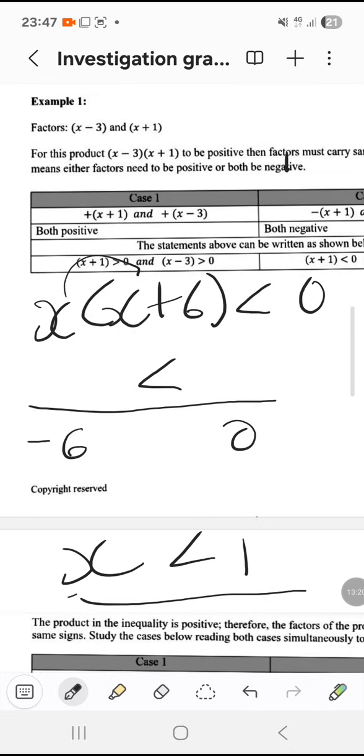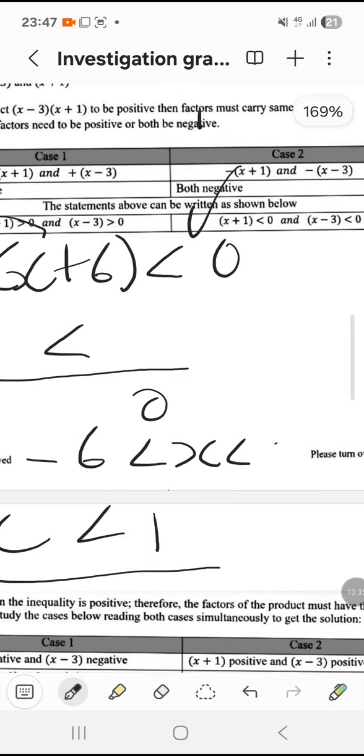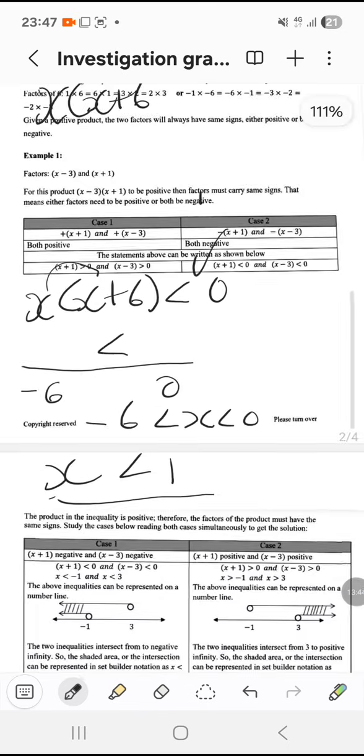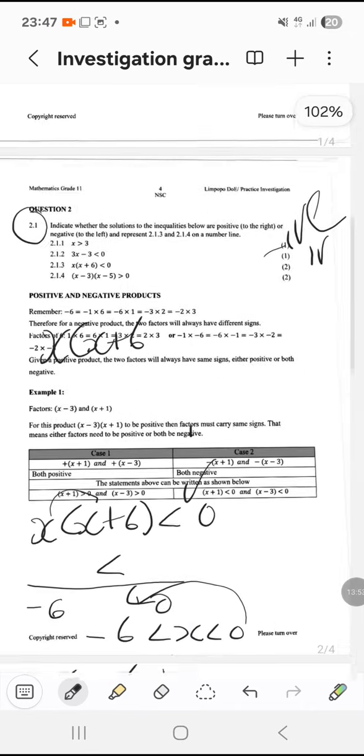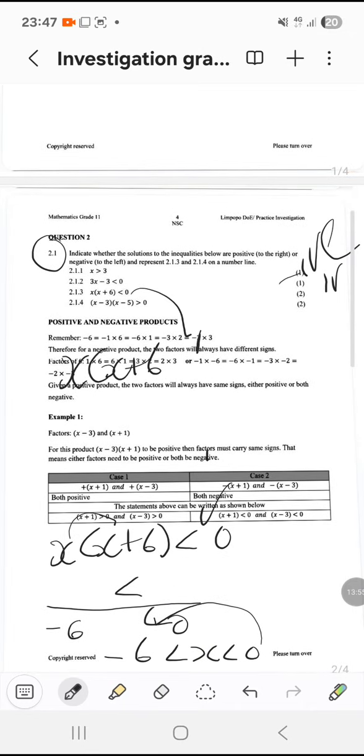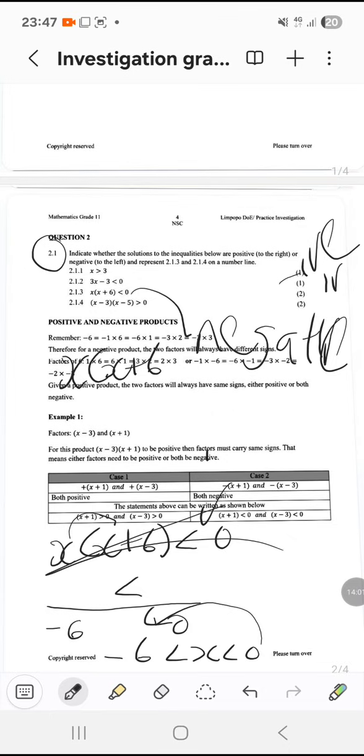Remember, when 0 is greater, it's always an intersection. Always. It means your solution will always be -6 and negative first. Inequality will face that direction, and a 0. Always when 0 is greater from the starting equation. Now, is this positive or negative? From 0 up to a -6, these are negative numbers. So 2.1.3, negative. Now you will try 2.1.4.